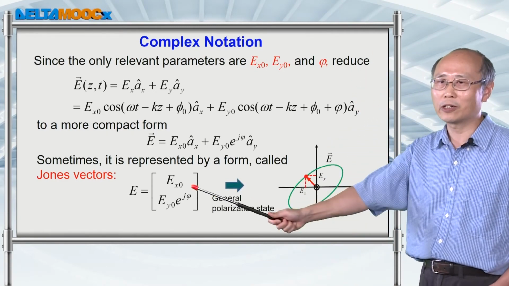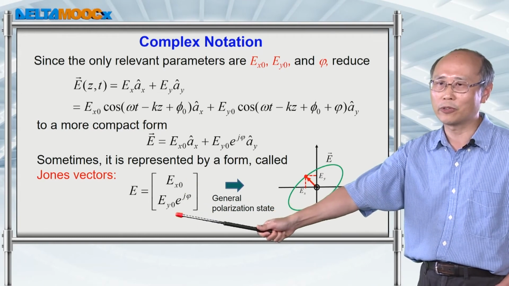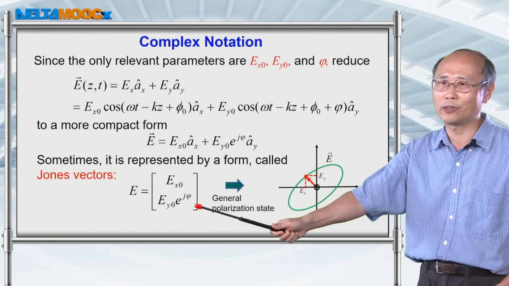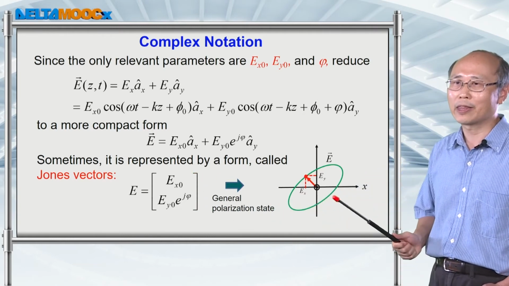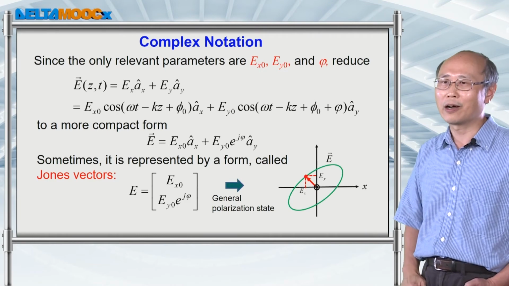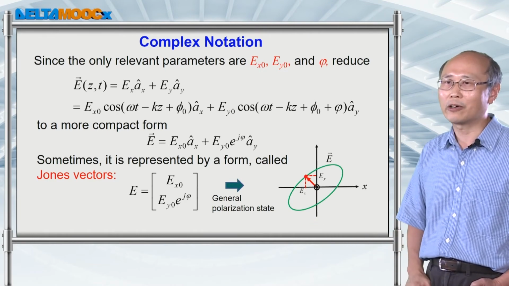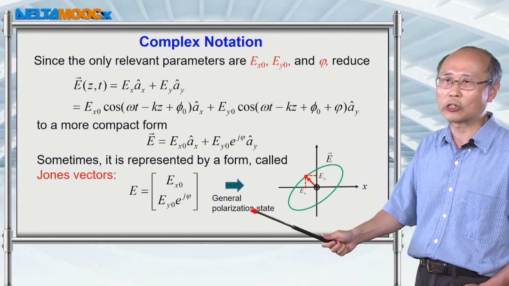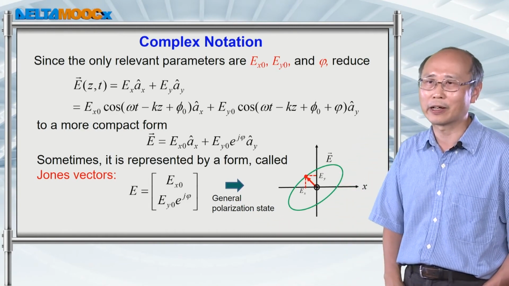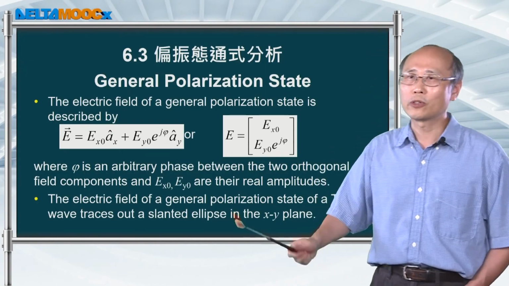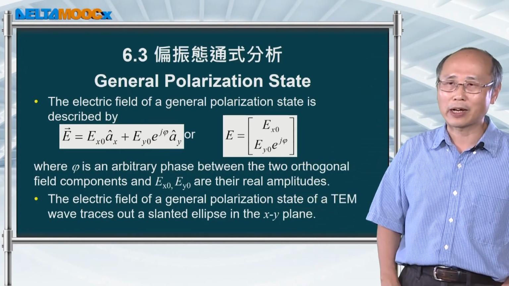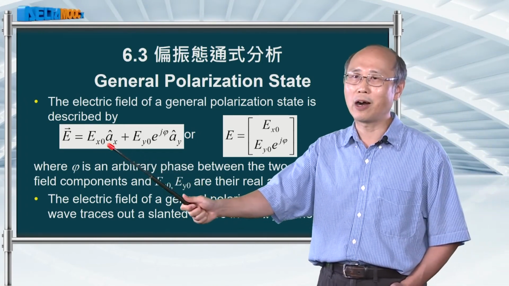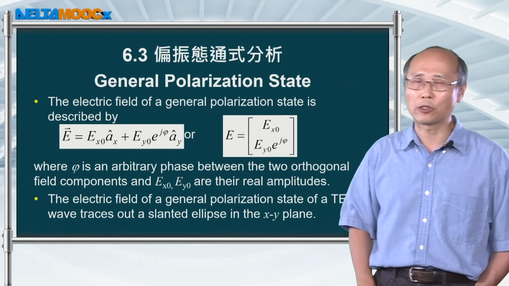And in general, if Ex0 is not equal to Ey0, and if you have a phase difference between these two components, then the electric field on the xy plane will trace out an ellipse. And we call this the general polarization state for the electromagnetic wave. So we have gone through some general analysis for a polarization state. We allow the amplitude of the x component and y component to be different.